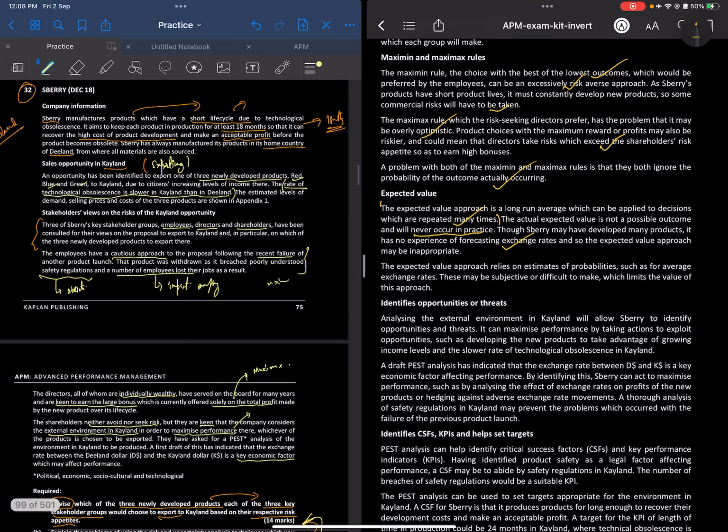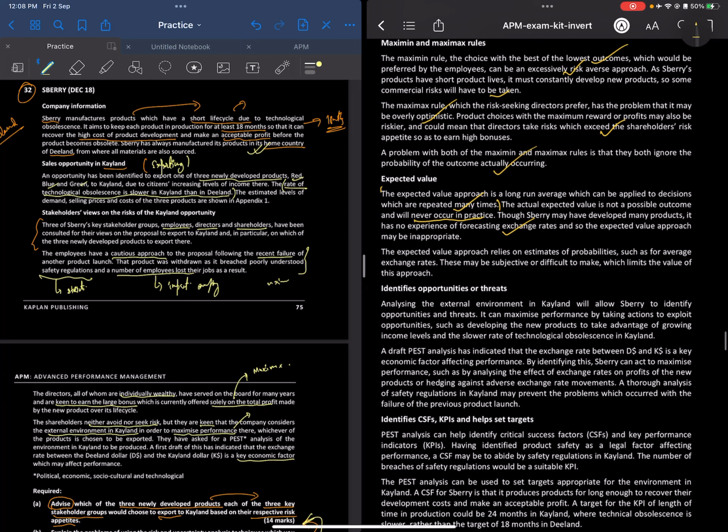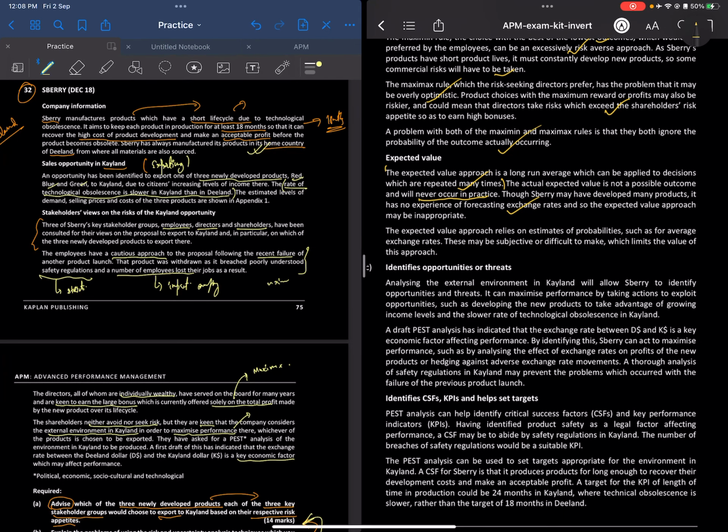So currently it's only producing in its home country, right? So that's another big point, see how they have linked with this particular point, in the first paragraph itself. So it's only good for one-off projects and may not be appropriate, and the actual expected value is not a possible outcome, and the actual outcome could be entirely different.